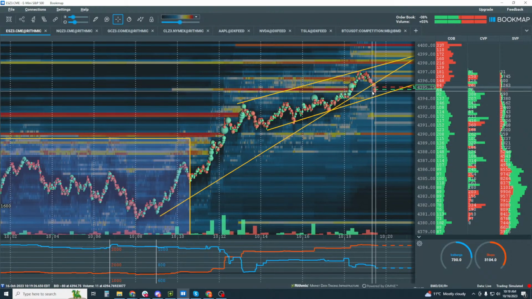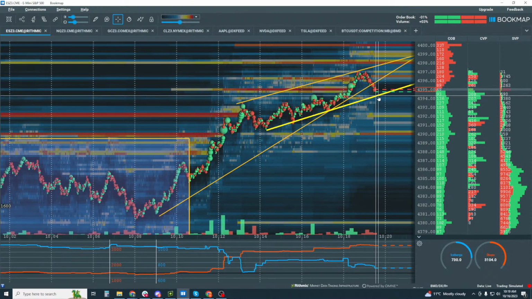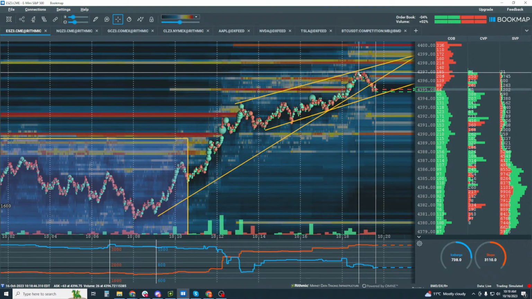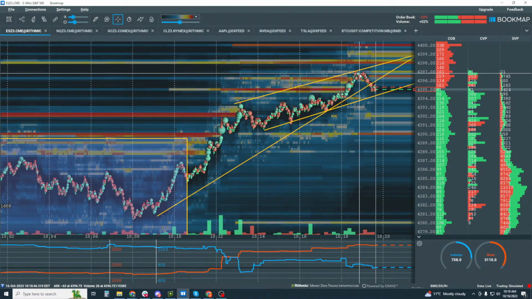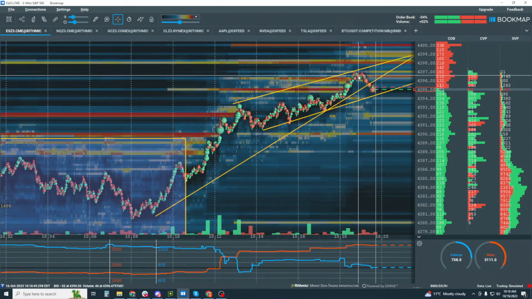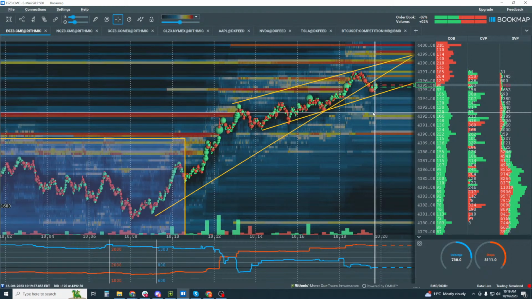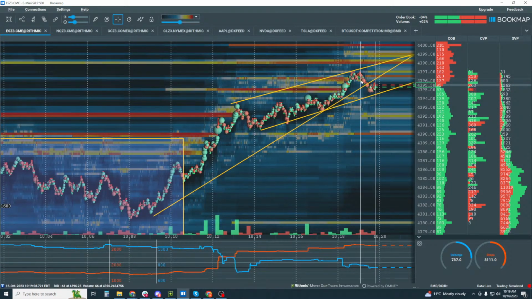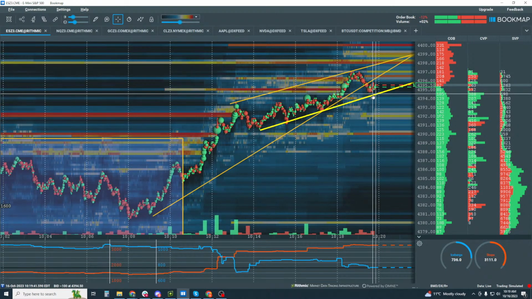So we're rotating back in now, and this is just for buyers up in here. They're not interested in buying the highs here. So this is not indicative of a trending market in order flow terms. We're starting to see sellers come in.